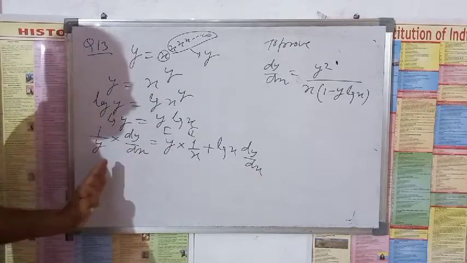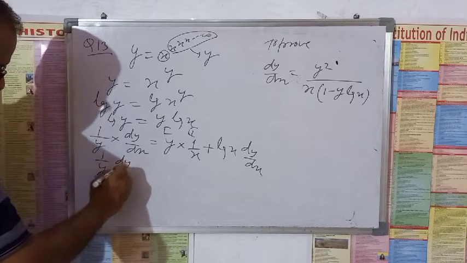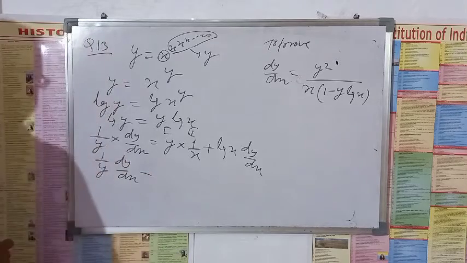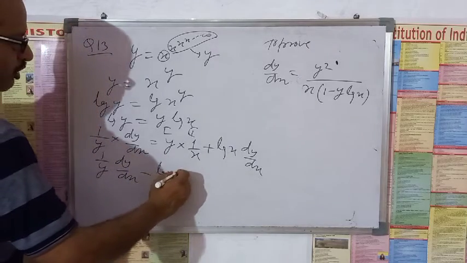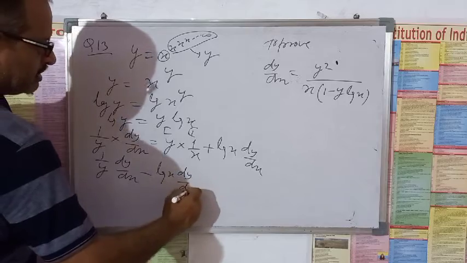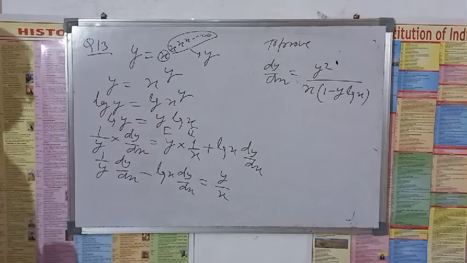Transpose all the dy by dx to one side. So 1 by y dy by dx minus log x dy by dx, and the right side is y by x.